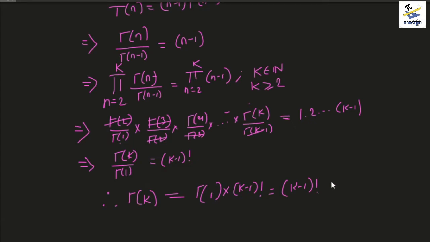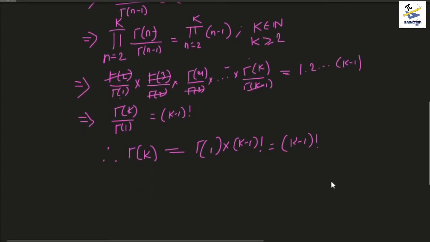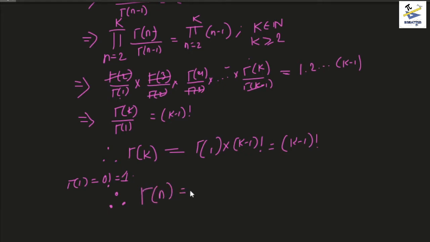And basically this is also valid for k greater than or equal to 1, because gamma of 1 by this definition is 0 factorial, and 0 factorial, as you know, is 1. So therefore gamma of n is n minus 1 factorial for all n belonging to the natural numbers. So this much is clear, right?